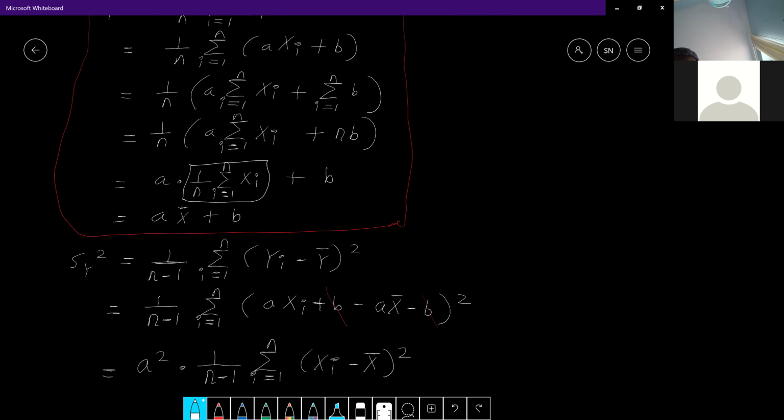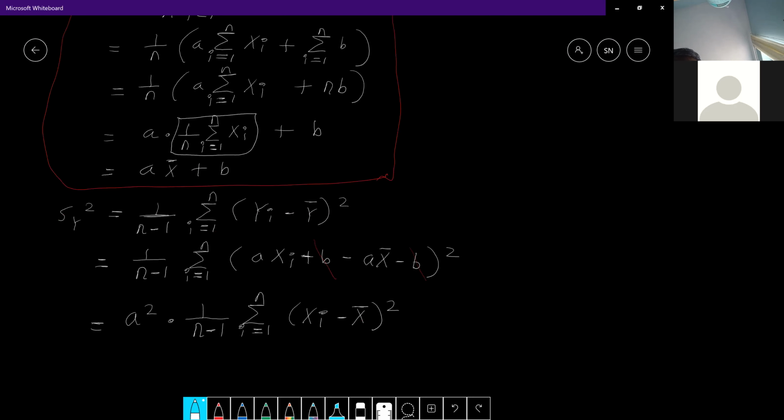Now, what you have here, guys, is the sample variance for the x's. So in other words, this is equal to a squared times s x squared.